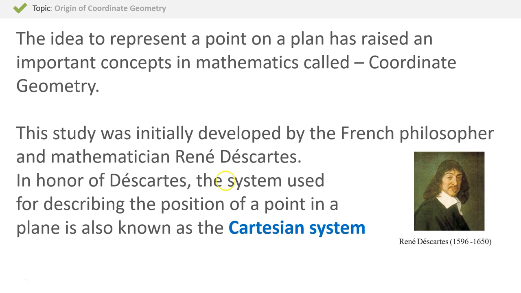Now, in honor of Descartes, the system used for describing the position of a point in a plane is also known as Cartesian system. So Cartesian system was a name given to coordinate geometry to honor Descartes.